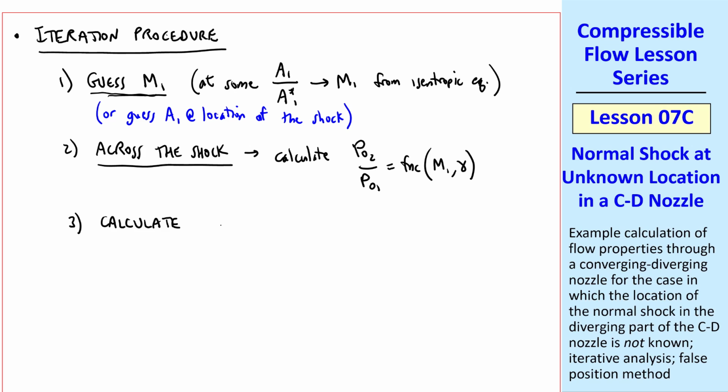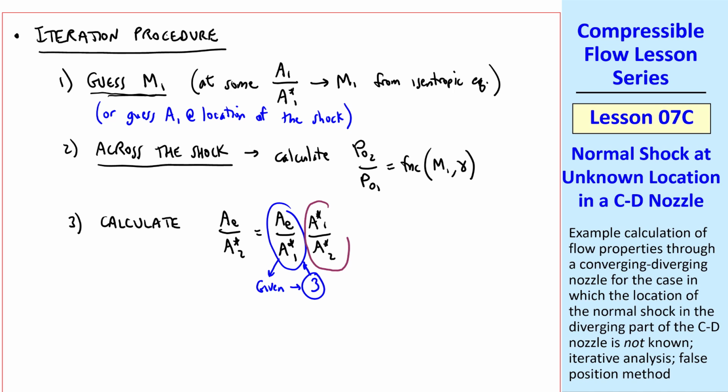And that way we can calculate AE over A star 2 as the ratio of AE over A star 1 times A star 1 over A star 2. Well, this is given by the geometry, namely 3, and this is equal to P01 over P02, the reciprocal of this. So now we have AE over A star 2.